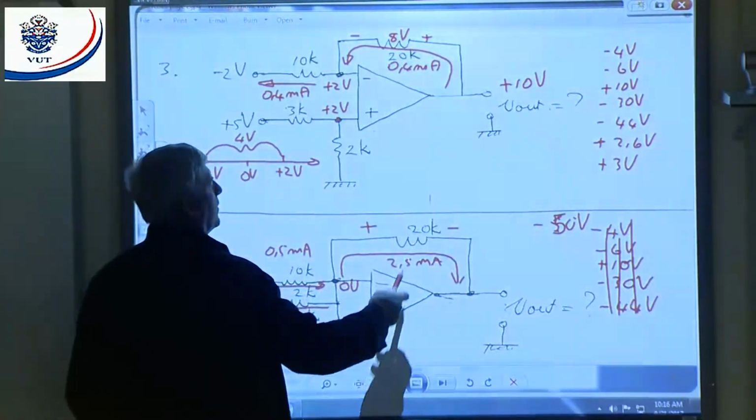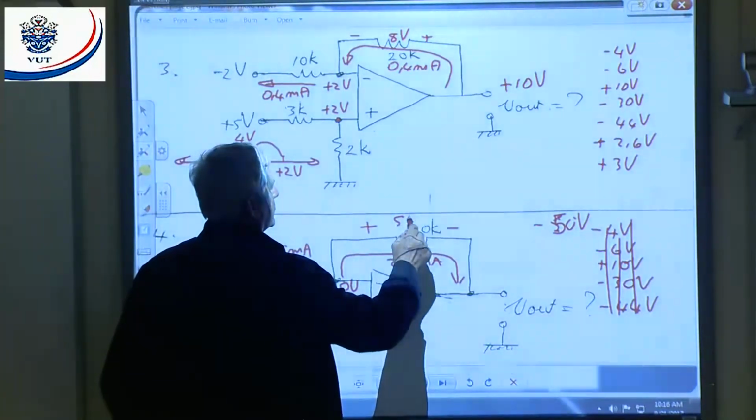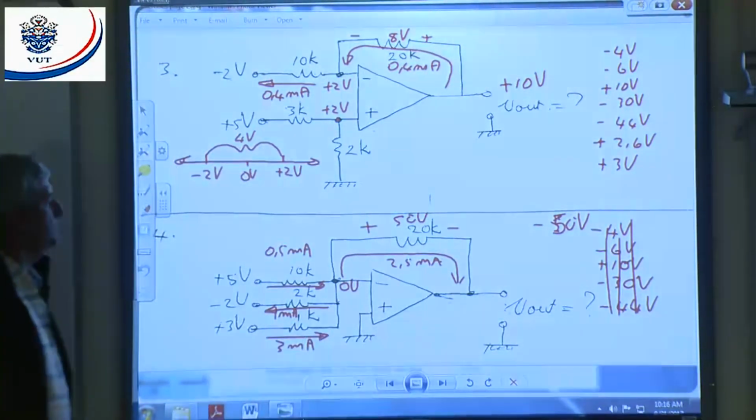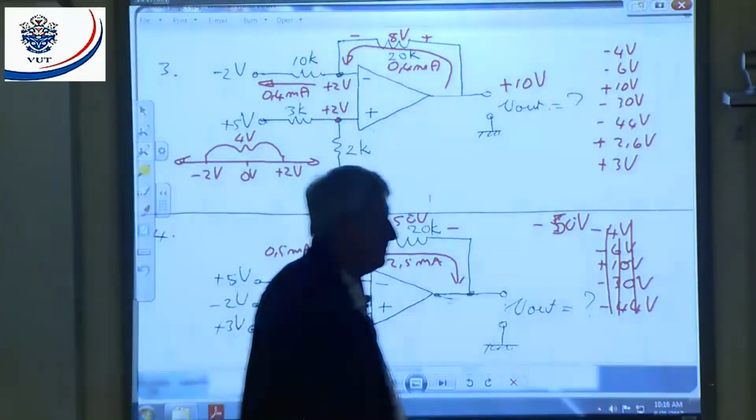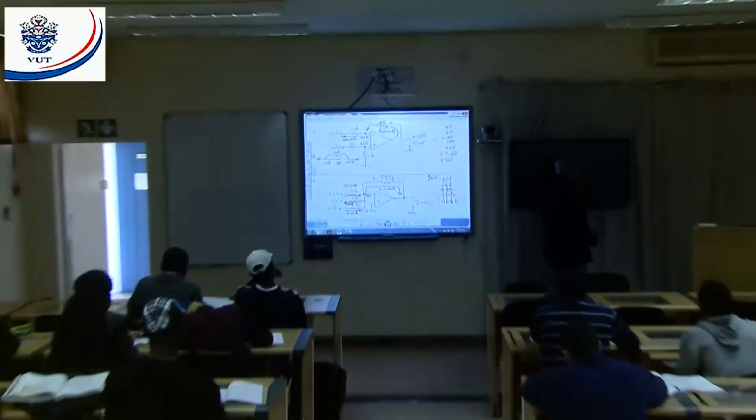That'll give me how many volts? 50 volts. That means the output will be negative because my reference is 0. That means the correct answer is minus 50 volts. Hey, it's simple, eh? Easy as pie.